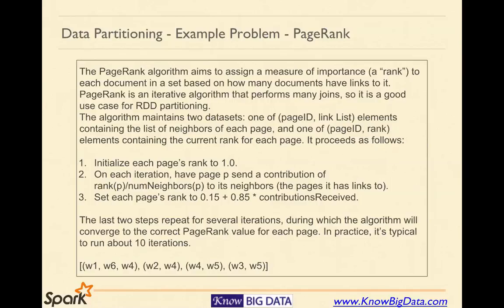Okay, the algorithm is very simple. You initialize each page rank to 1, and on each iteration, every page P sends a contribution to its neighbors. And how much contribution can a page give?